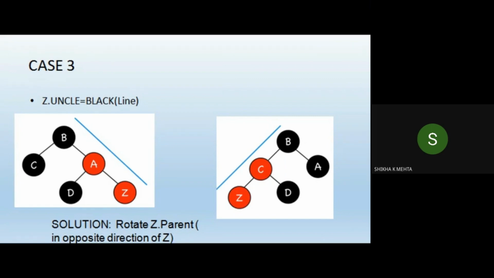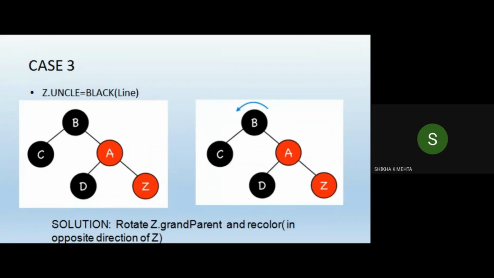See, if we come across such a case, the solution is to rotate the Z's grandparent. Here you see, who is the grandparent of Z? Grandparent of Z is B node. Again, in what direction?